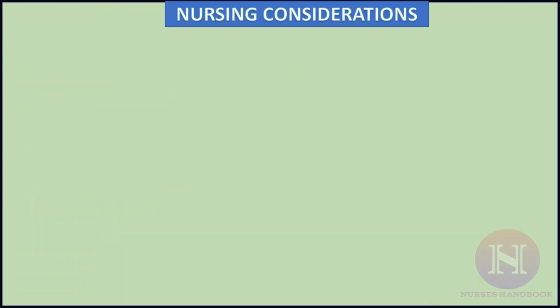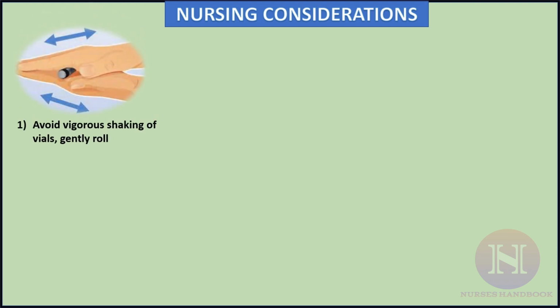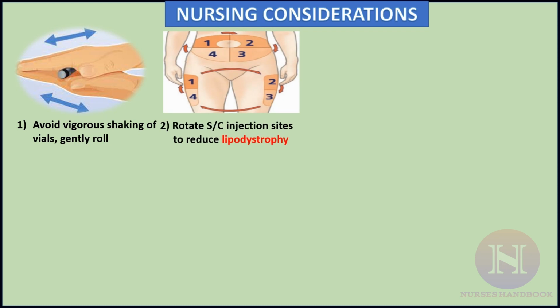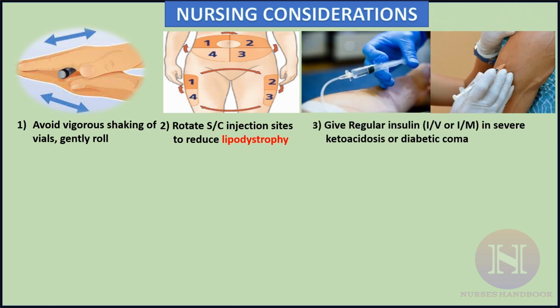Now let us see some of the nursing considerations or responsibilities while handling insulins. Firstly, avoid vigorous shaking. Instead, gently roll them before using. Second is to rotate the subcutaneous injection sites to reduce lipodystrophy. Next is that in cases of severe ketoacidosis or diabetic coma, regular insulin is to be given intravenously or intramuscularly.